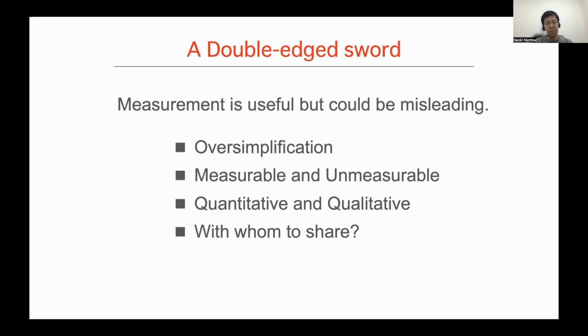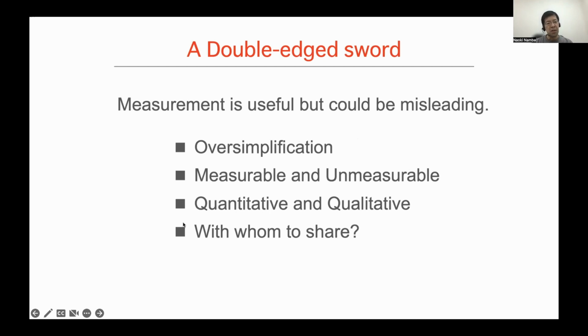For example, I talked about English press releases today, but I didn't talk about the content of those press releases at all. So yes, there is oversimplification. And in the first place, there are things we cannot measure. There are measurable and unmeasurable things.